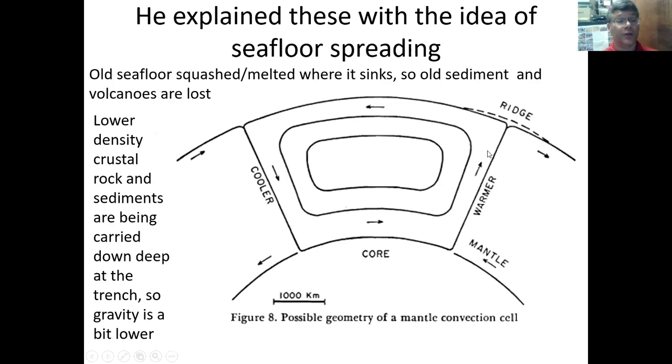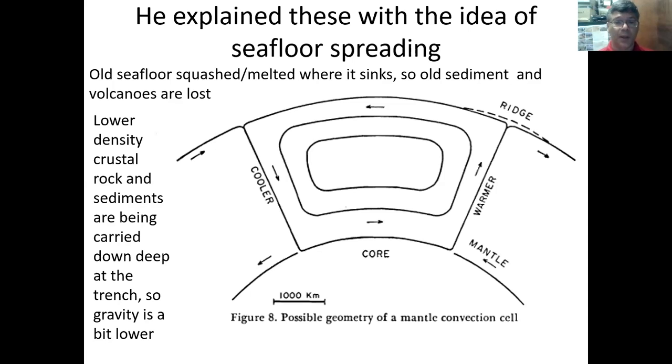We have areas where hotter rock, being less dense, rises up, reaches near the surface, moves out to the side, cools down, eventually sinks. And so we have these large-scale cycles, loops of hotter stuff rising, things moving out, cooler stuff sinking down.